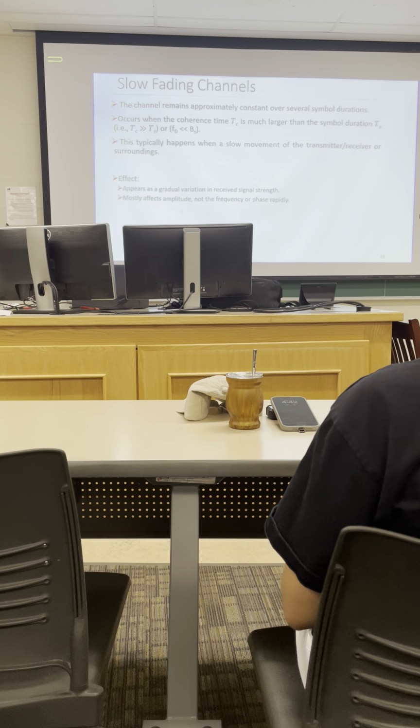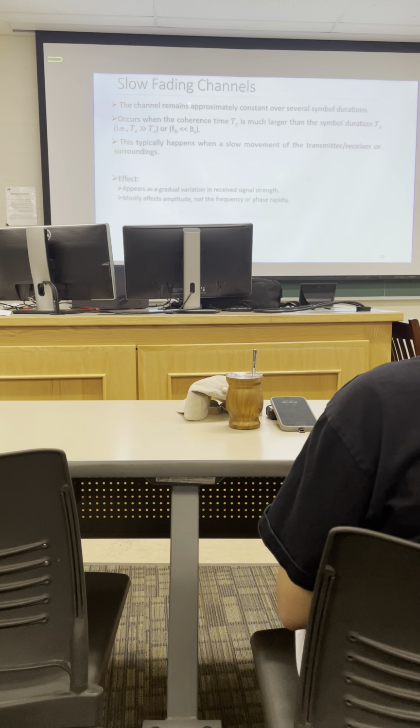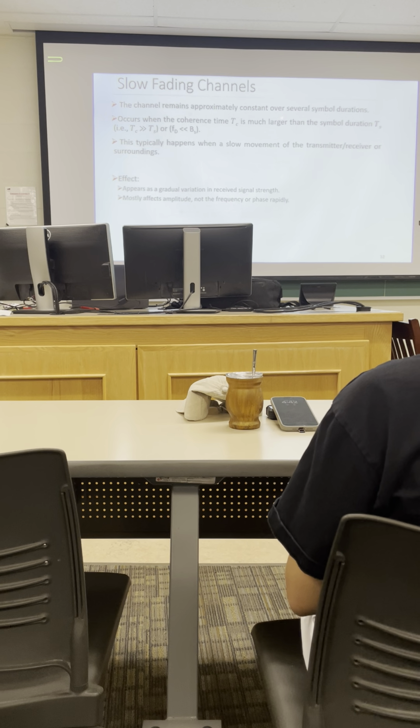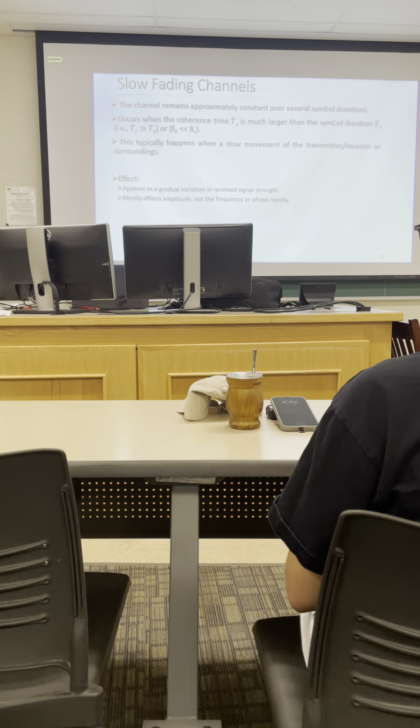Okay, so here, slow fading: the channel remains approximately constant over several symbol durations. In this case, remember I look at the coherence time, so the coherence time is much greater than the symbol duration, okay?